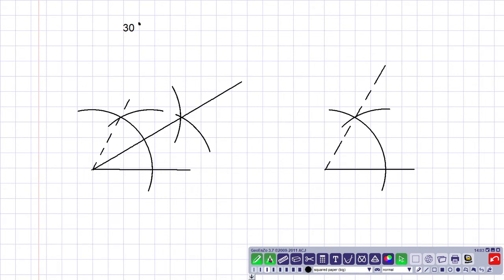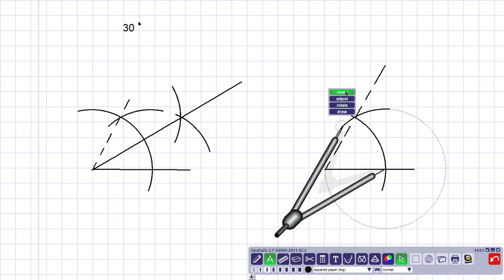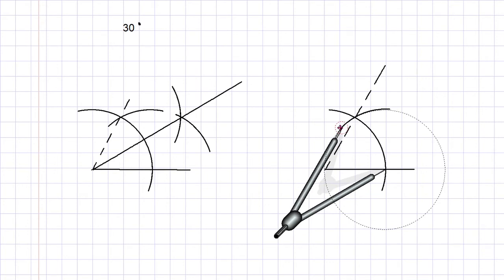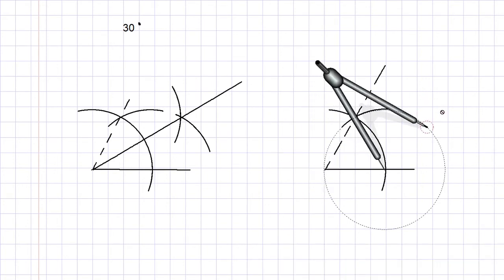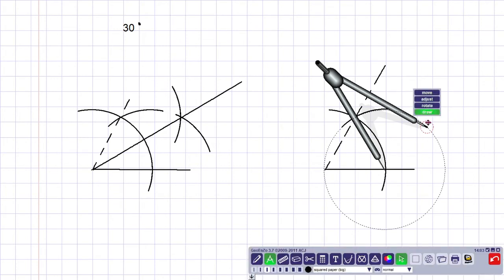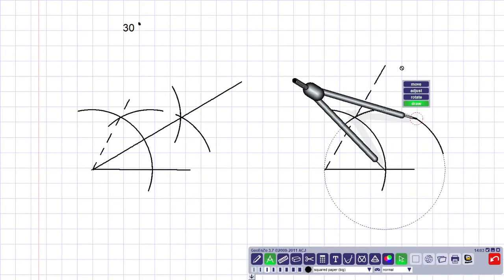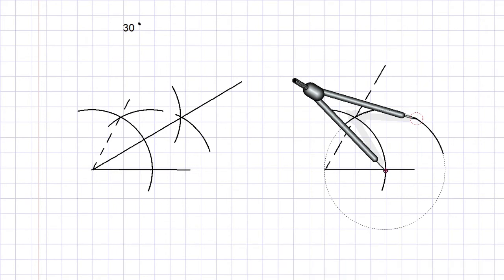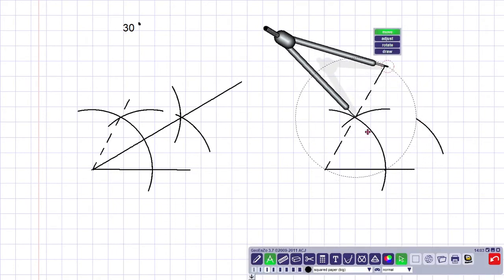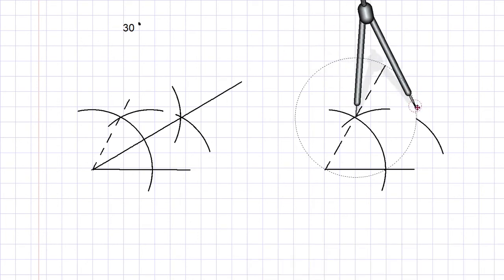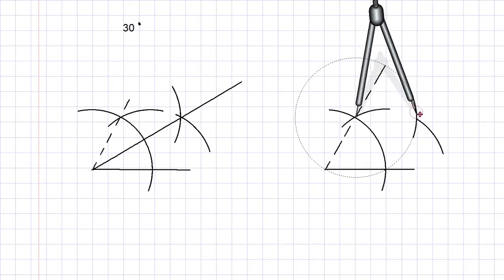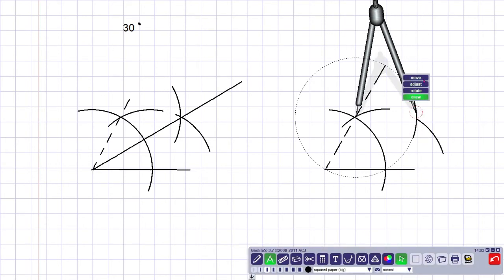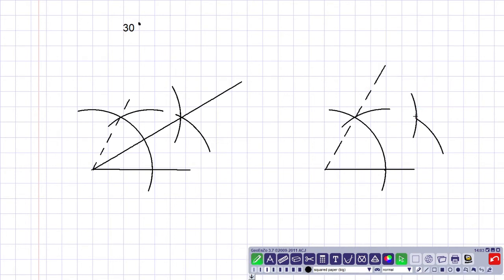Now draw the angle bisector of 60 degree angle. This is the crossing point.